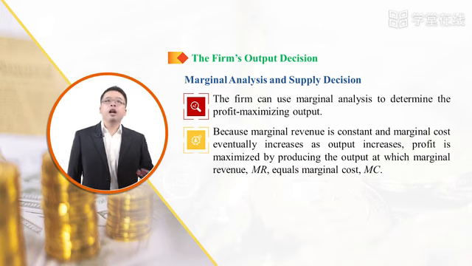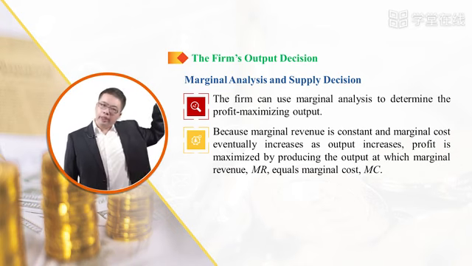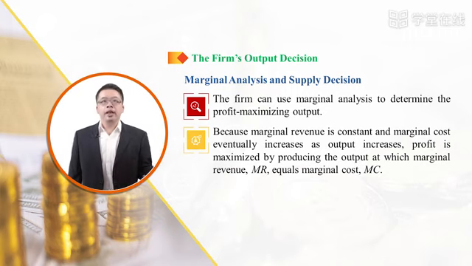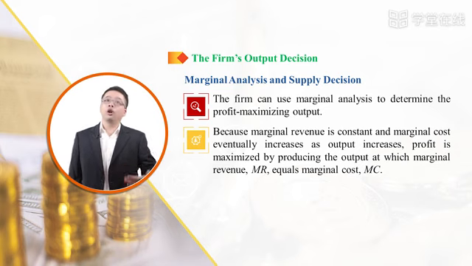Marginal revenue is constant and equals P, as we already told. The marginal cost initially decreases, but eventually increases. This is also the law of diminishing marginal returns.